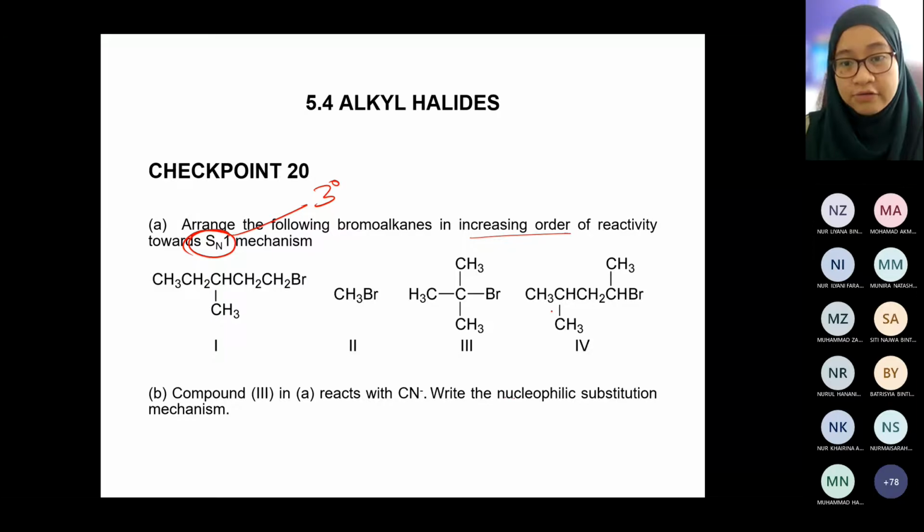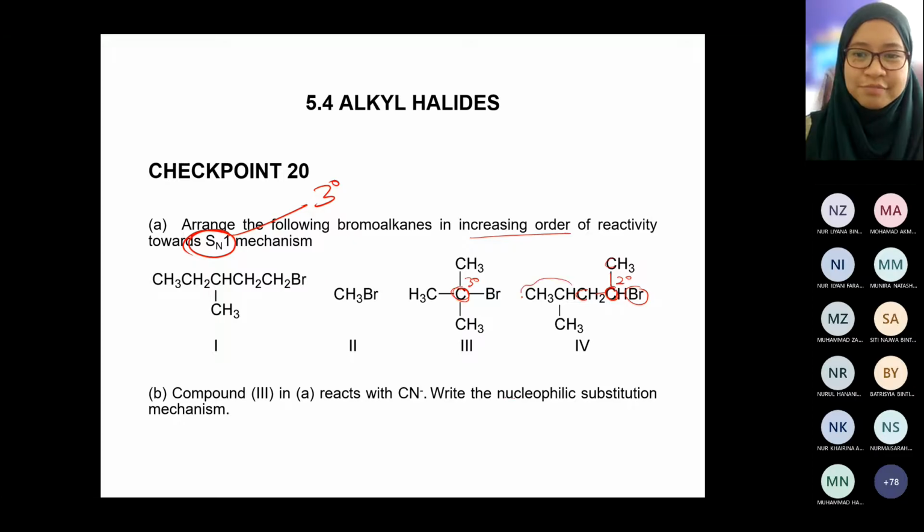We identify first, okay? Alright, so this one is attached to Br. So this carbon is tertiary. How about number 4? This carbon is attached to Br, right? So this one is attached to this carbon and also to this carbon. So this is secondary.